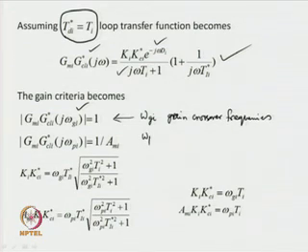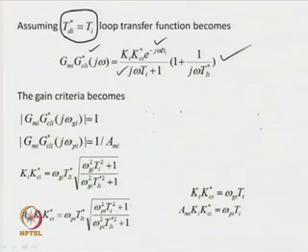Similarly, omega pi in the second expression is for the phase crossover frequencies. So, with the gain and phase crossover frequencies, it is possible to write the two equations related to the gain of the loop. So, the loop transfer function gives us the two expressions as shown over here.